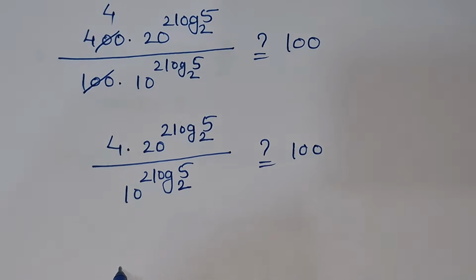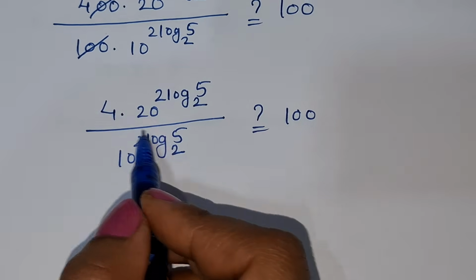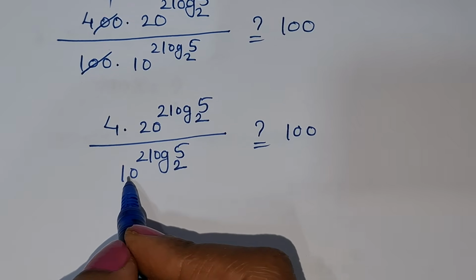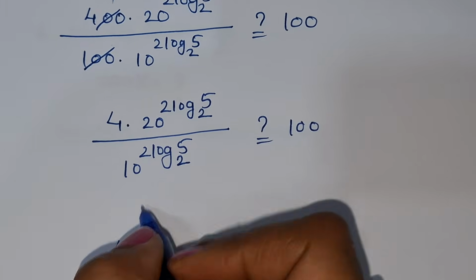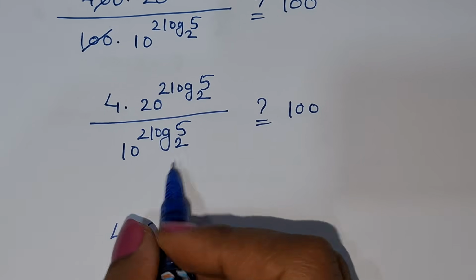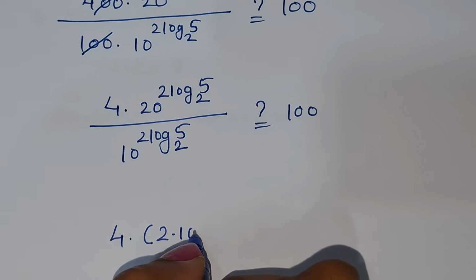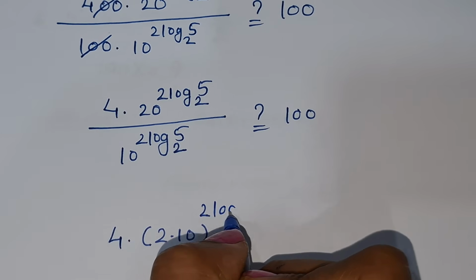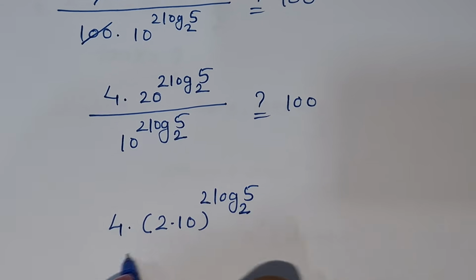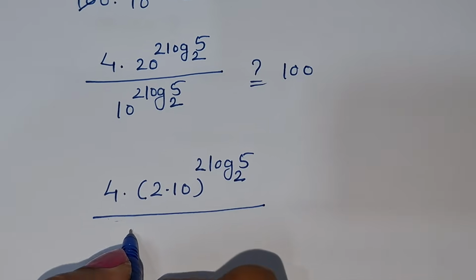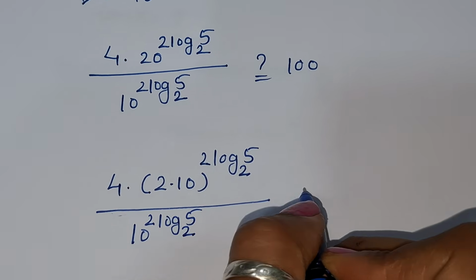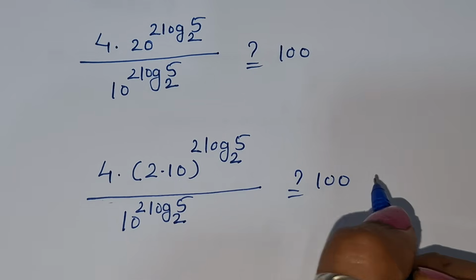Now here 4 times, now this is 20, so this 20 we can write as 2 times 10, because here 10 is already present in the denominator. So we can write 4 times, here 20 is 2 times 10 power 2 log of 5 to the base 2, divided by 10 power 2 log of 5 to the base 2, question mark 100.